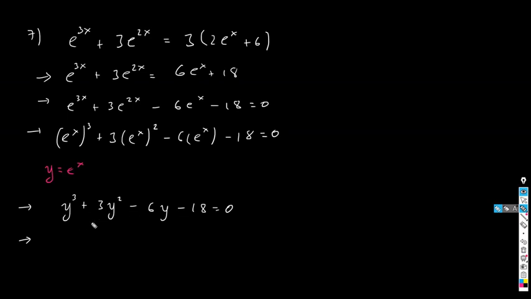So let's see. I'm going to apply here something called factorization by grouping. And what that means is the following. For example, I'm going to select this term and this term and this term and this term, and I'm going to rearrange like so: y cubed minus y squared plus 3y squared minus 18 equals 0.